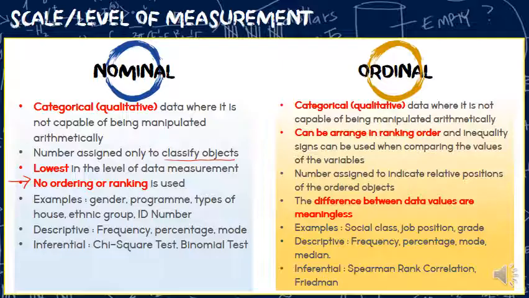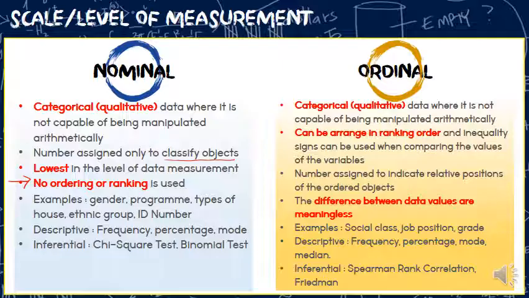Maksud rank kat sini, awak tak boleh nak susun categorical data ni dalam tertib menaik atau menurun. Saya bagi gender, male and female, you tak boleh nak rank. Saya bagi colours, you tak boleh nak rank. So, kalau data itu kualitatif, you tak boleh nak rank, dia adalah nominal scale measurement.